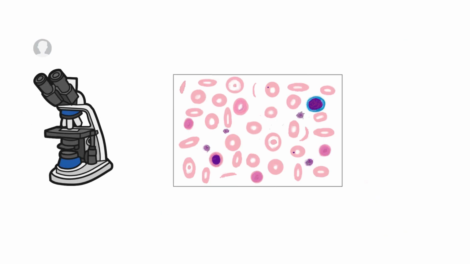Going back to sickle cell anemia, also note these other red blood cell features. So when you look at a peripheral blood smear in the microscope, you will recognize the constellation of red cell morphological findings that is characteristic of sickle cell anemia.